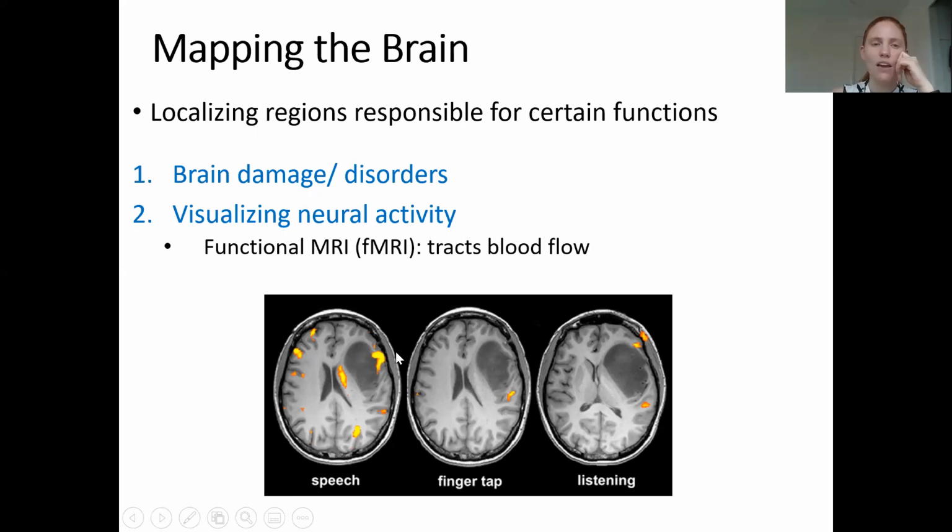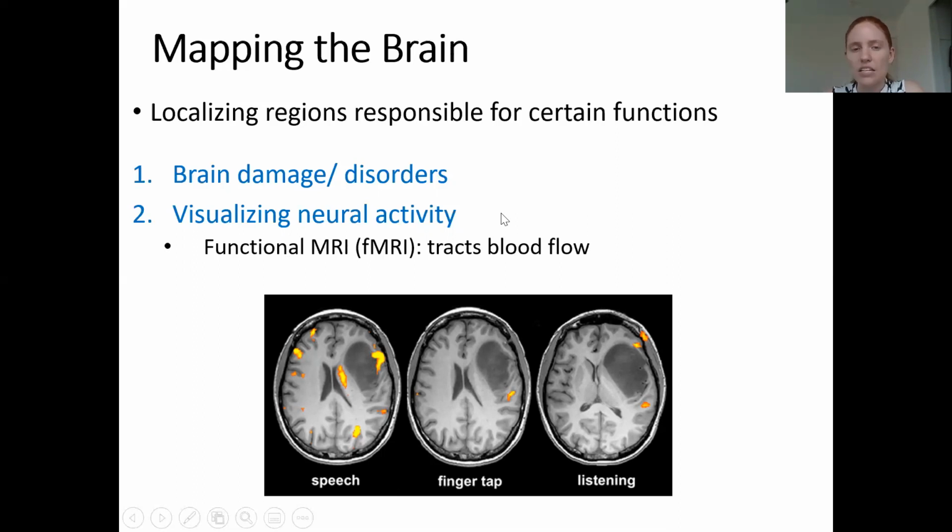So initially they were able to map particular areas of the cortex that are responsible for different functions simply by looking at what happens when it no longer functions. Then more recently, they're able to fine-tune what they see using what are called functional MRIs, or functional magnetic resonance imaging. What that does is it tracks blood flow.